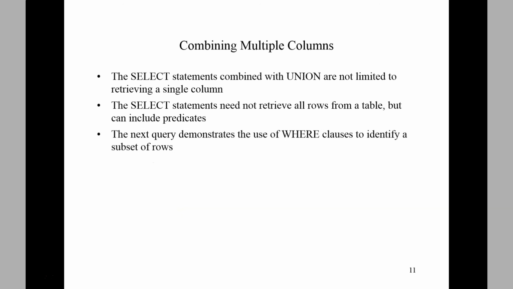The query blocks that are combined with union are not limited to retrieving only a single column. The select statements need not retrieve all rows from a table, but can include predicates. Our next query will demonstrate both of these concepts.